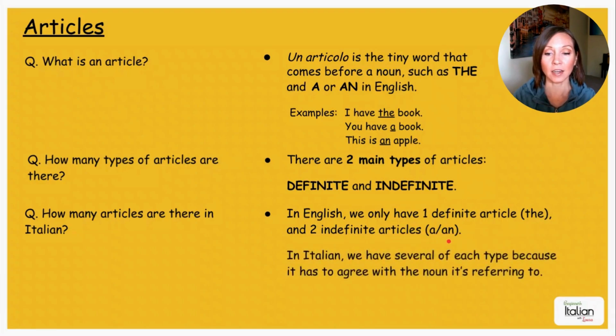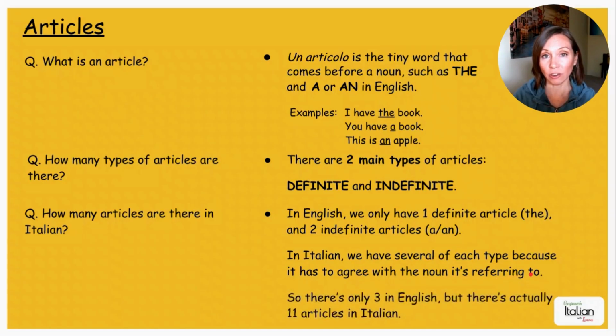But in Italian, we have several of each type because it has to agree with the noun it's referring to. So there's only three in English, but there's actually 11 articles in Italian. Okay. So we're gonna head on into it and figure out when to use each type of article.